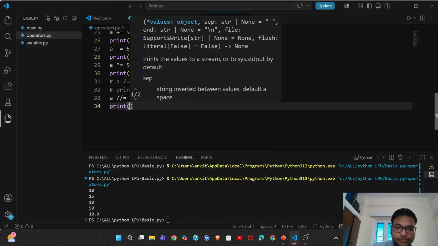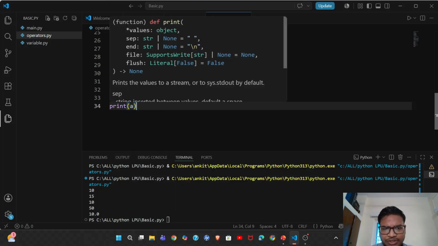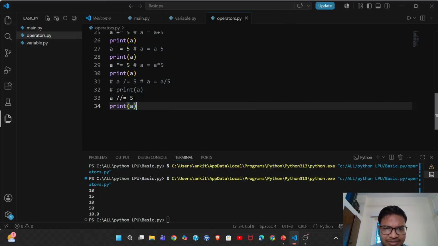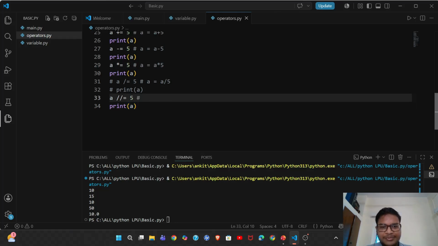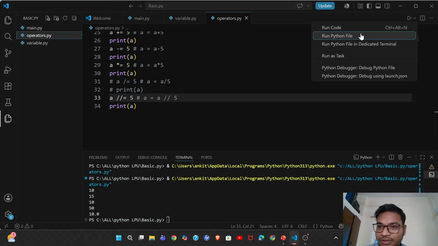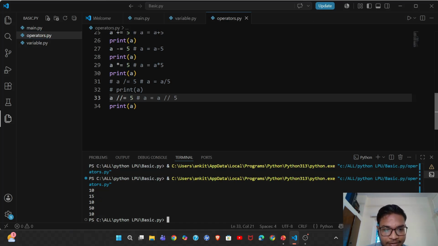What do you think? Same, it's a division. I think it's 10.0. What do you think? Just think, guys. Okay, it's always a 10, not 10.0. Okay, so this is the difference between floor division and normal division.